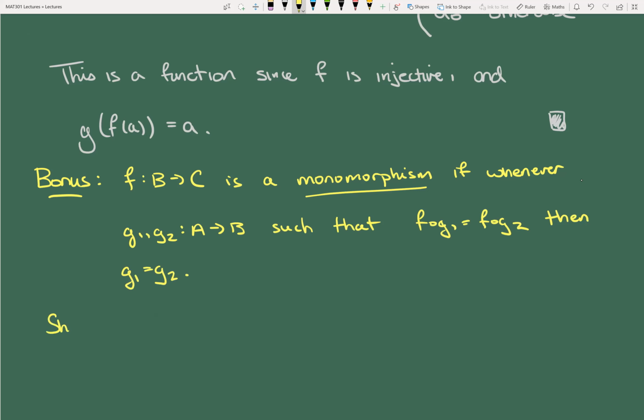Show that f is injective if and only if f is a monomorphism.